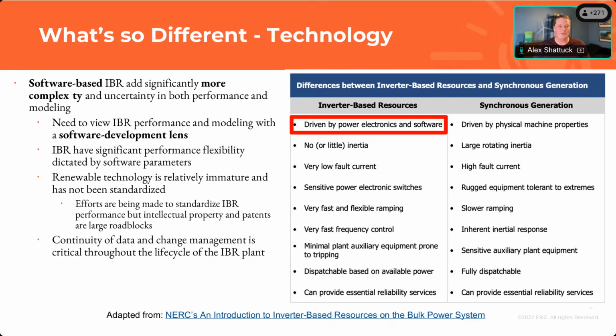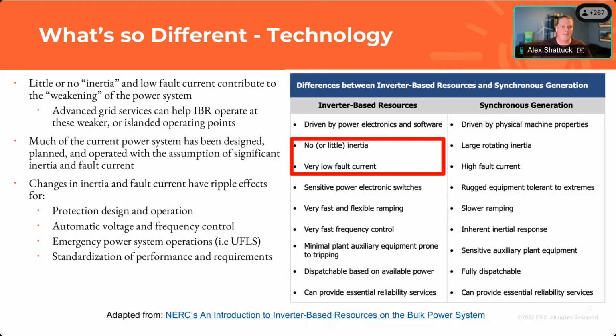And how do you standardize 2 different things when one's patented and the other one's also patented? It adds a lot of complexity, and it makes standardization very hard, which means, and I'll talk about this later, using standard library models is very difficult to show accurate representations of inverter-based resources when compared to synchronous machines.